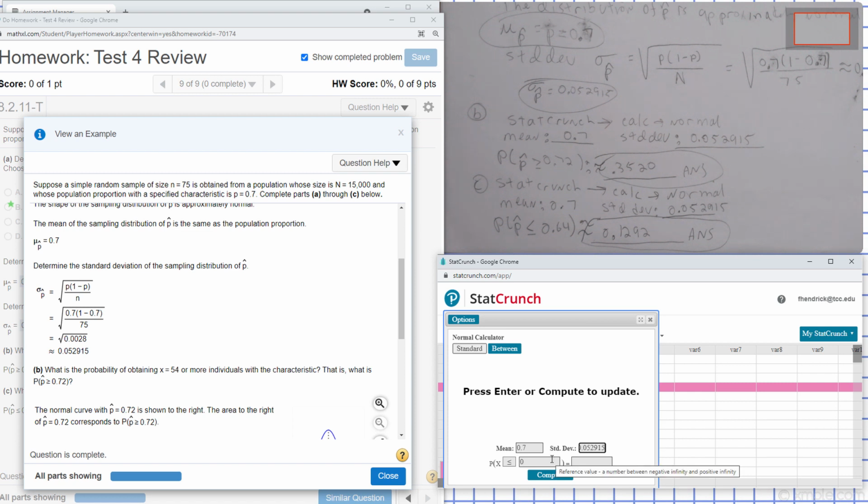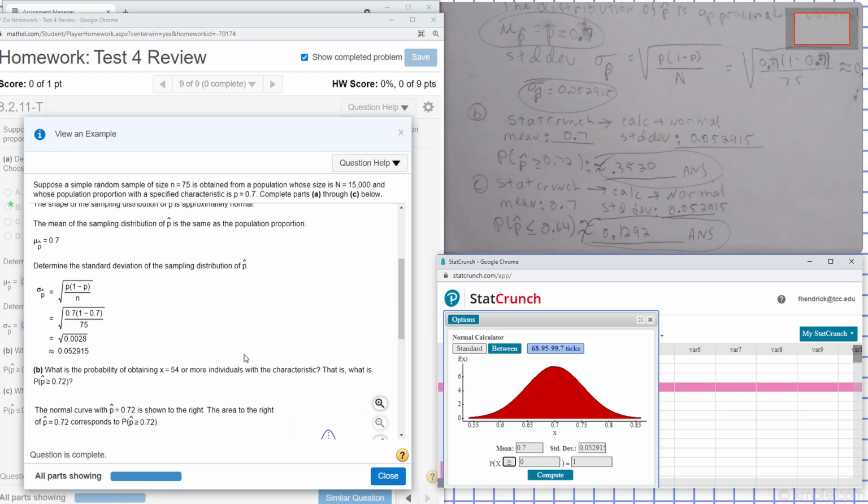And p hat is greater than 0.72. I want to know what that area is going to be there for part B. And I get 0.3527.